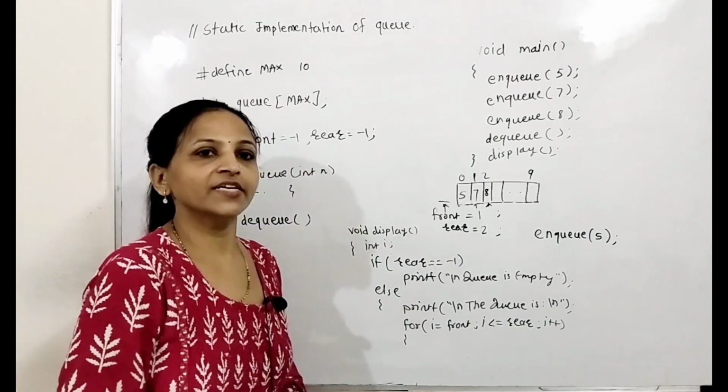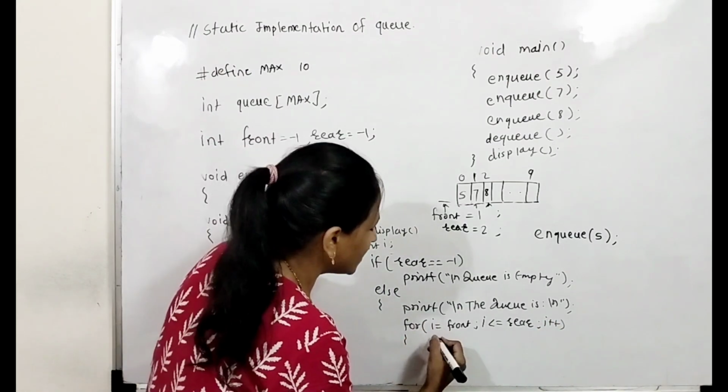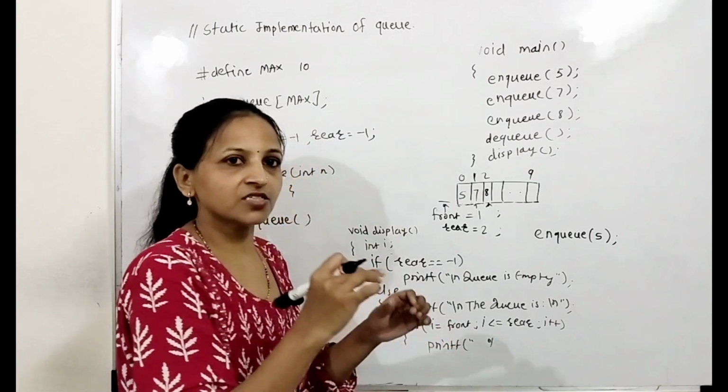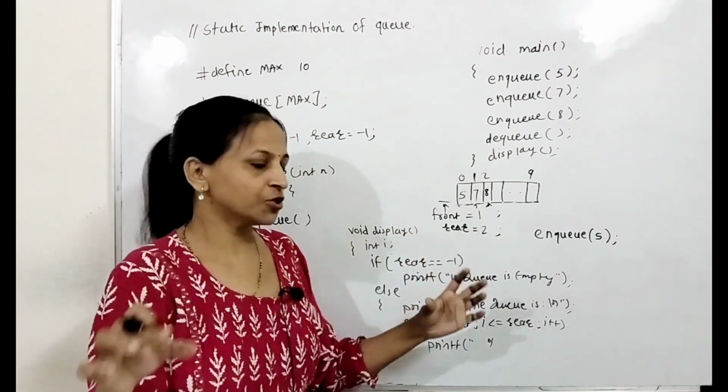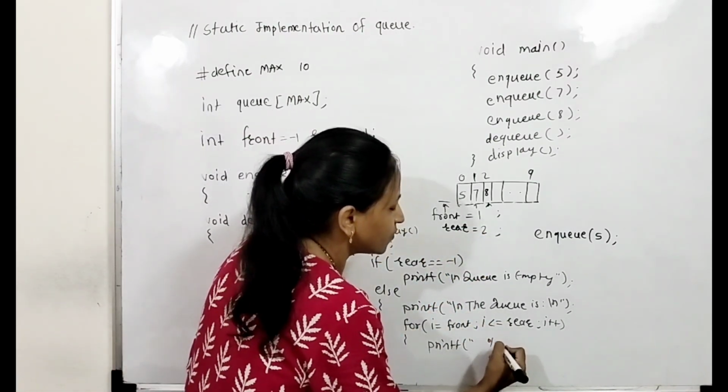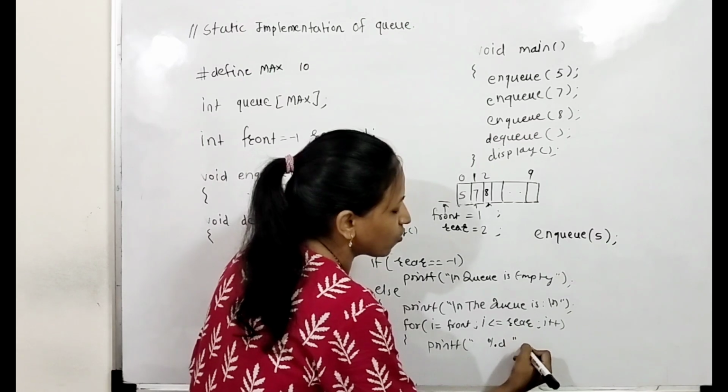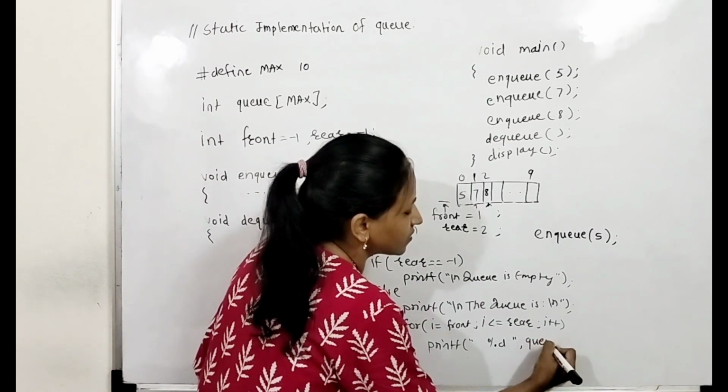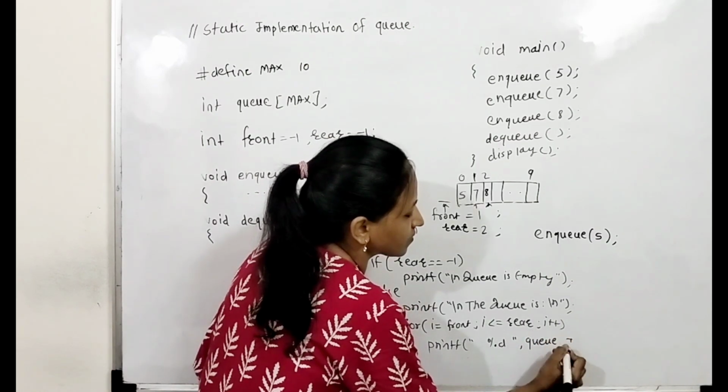Just display all the elements one by one like printf, give one space here and comma q of i.